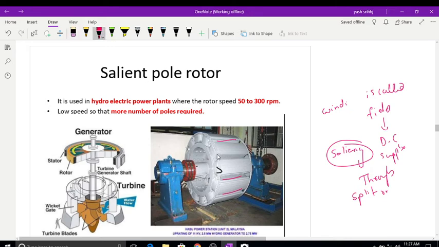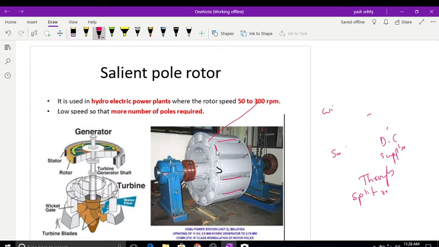This rotor core is laminated, and also in these pole faces, damper bars are provided as damper winding.